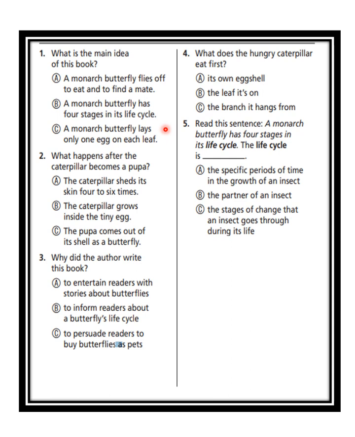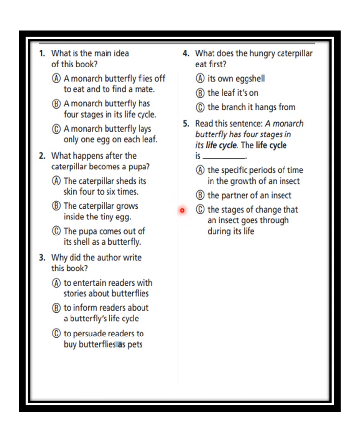Read this sentence. A monarch butterfly has 4 stages in its life cycle. The life cycle is A, the specific periods of time in the growth of an insect. B, the partner of an insect.